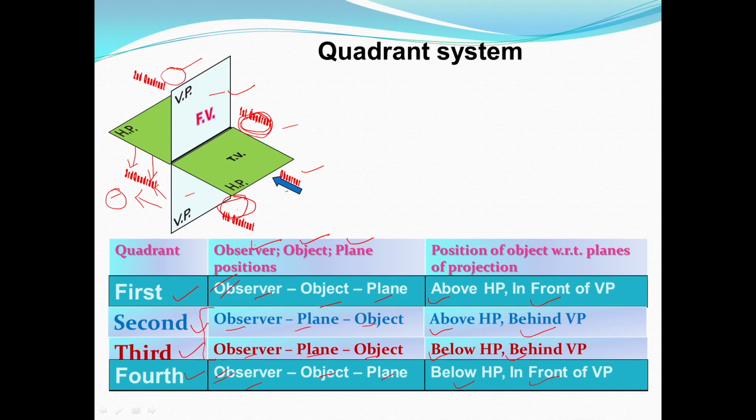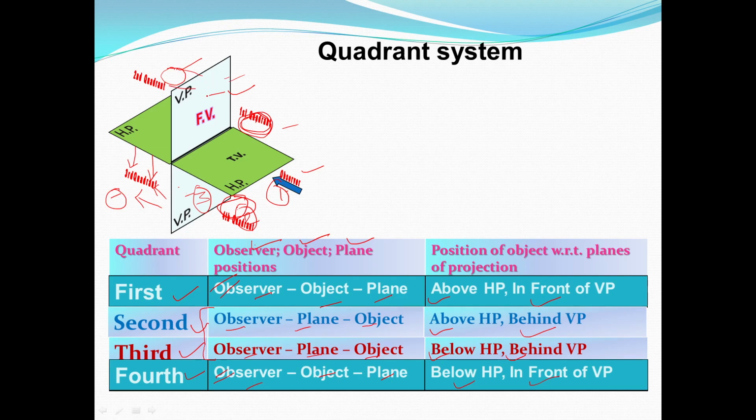You will get the front view of an object in the first quadrant on the vertical plane, and the front view of an object in the fourth quadrant on the vertical plane: observer, object, plane. But for an object in the second or third quadrant, this is the observer, this is the plane, and on this plane you get the projection.